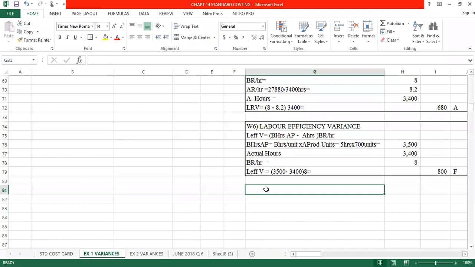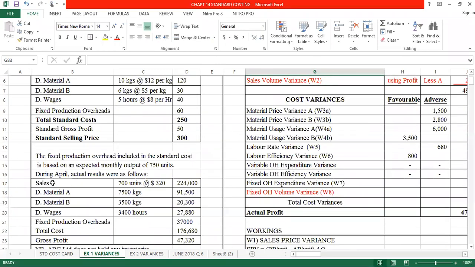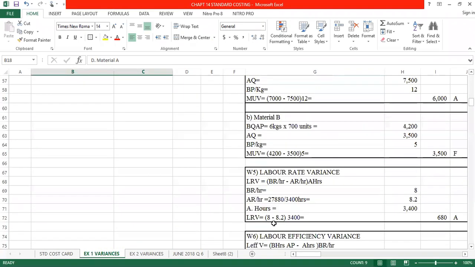Note: there are no variable overhead costs in this question. You cannot see anything written variable here.